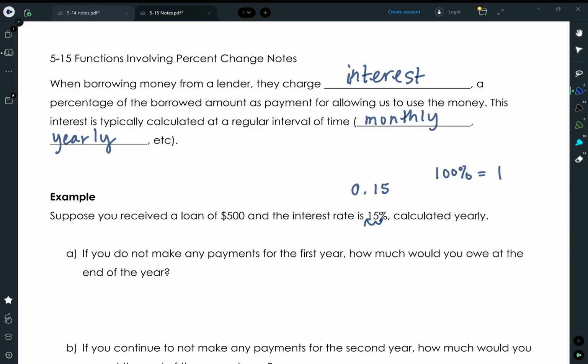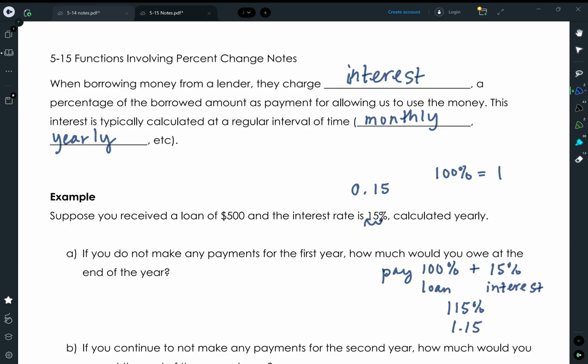So let's think about how you'd have to pay back 100% of the money you borrowed plus an extra 15%, right? So you're going to pay 100% of the money you owe plus 15% for interest. So you've got the loan and you've got the interest. So we're paying 115%, which is 1.15.